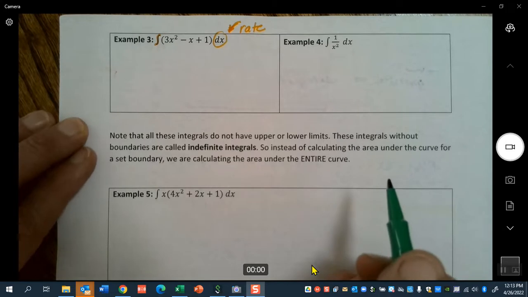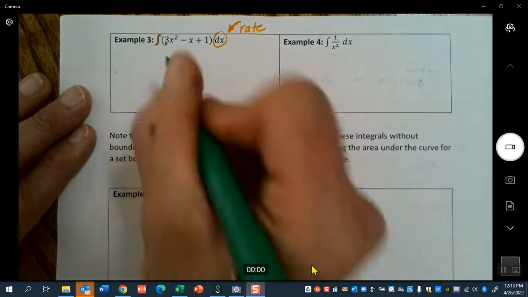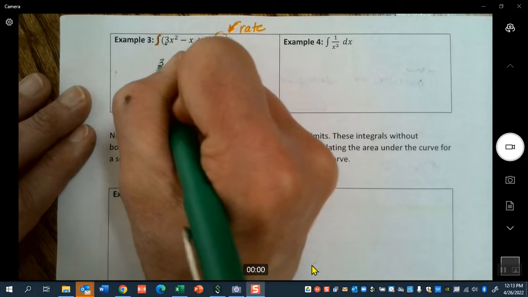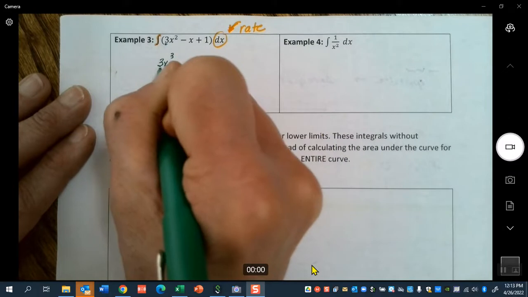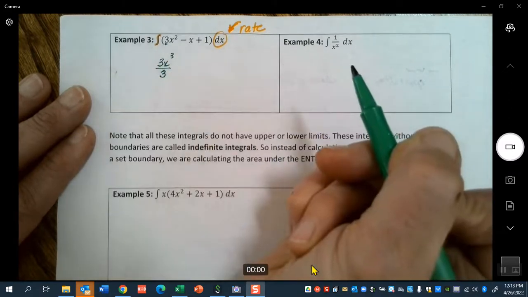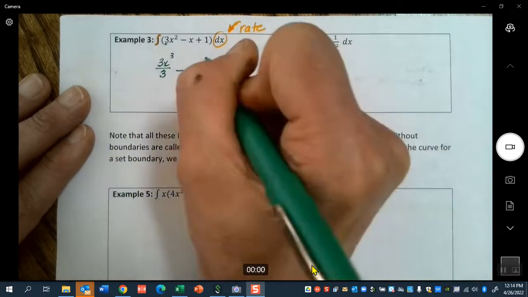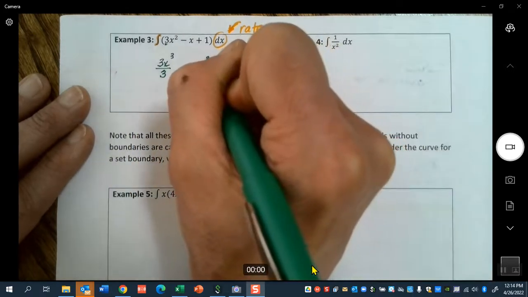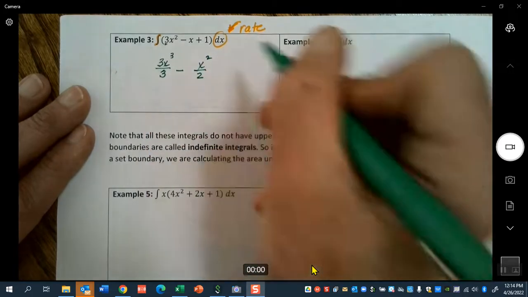All right, so when I take the integral, and remember this 3x tags along, so I have 3 and x, and I'm going to increase my exponent by 1, and I'm going to divide by that exponent. Minus, here's my x, and I'm going to increase my exponent by 1 and divide by that new exponent.